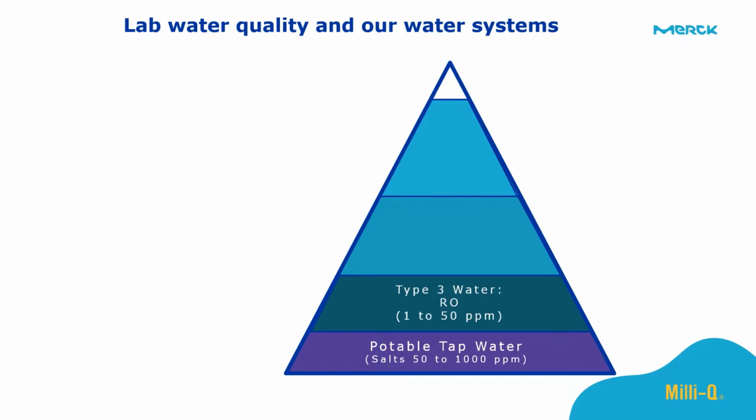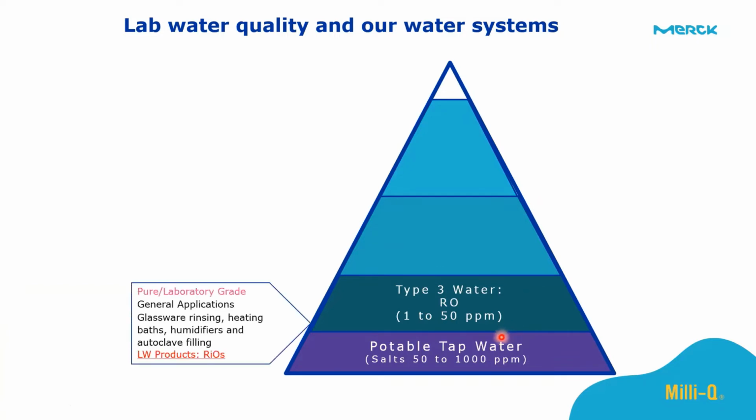This water contains a salt concentration of 1 to 50 ppm, and it is used for non-critical laboratory applications. We are talking about glassware rinsing, where the glassware will not be used for critical analysis.